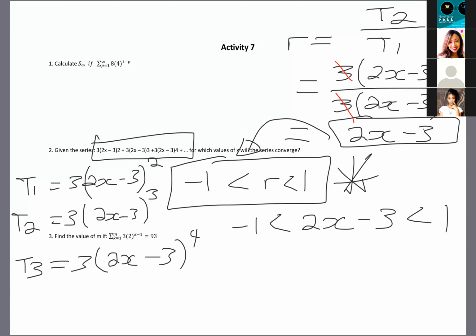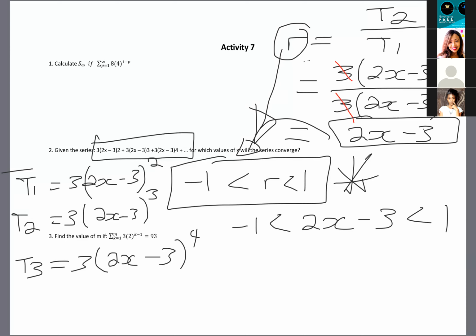Do you see it? Yes, ma'am. So I first start by writing my terms out, and then I figure out what my R is. And then once I have my R, I put it into this equation that you gave me, that my R has to be between negative 1 and 1, when I'm dealing with a converging series.